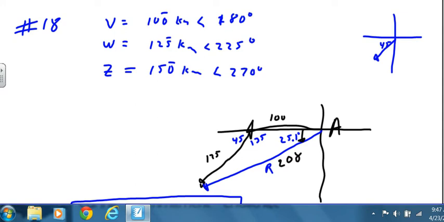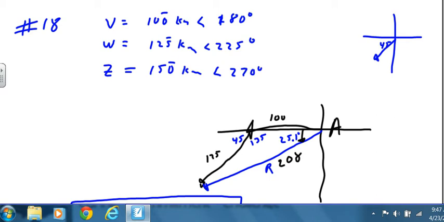Clear the whole thing. 100 second function complex angle 180 plus 125 second function complex angle 225 plus 150 second function complex 270. How come it did that? That's obviously wrong. Do it again.